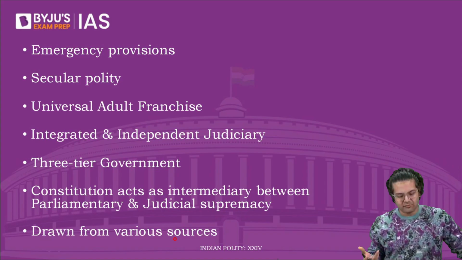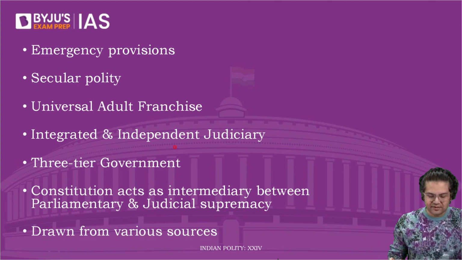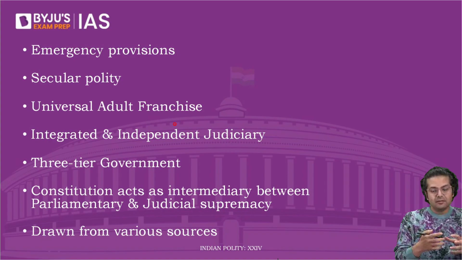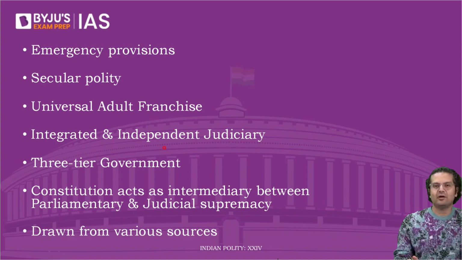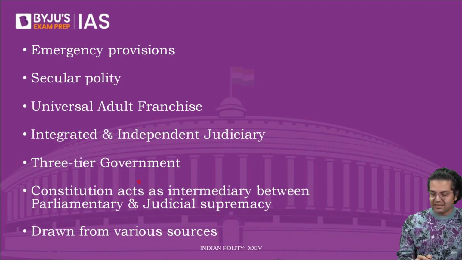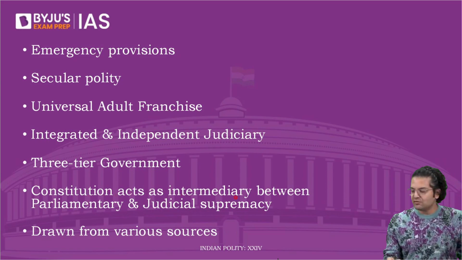Secular form of government. We have UAF, Universal Adult Franchise. We have an integrated yet independent judiciary. We have a three-tier government structure now, the central, the state, and the local. And the constitution acts as the intermediary between parliamentary and judicial supremacy.